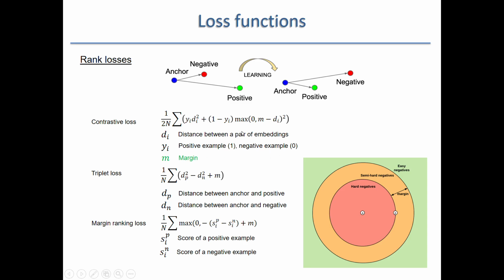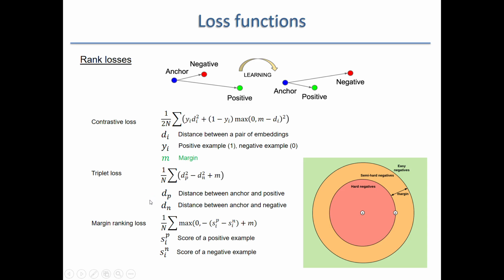If it is a positive example, you want to minimize this term, and if it is a negative example, you want to minimize this one. So if it is negative, this one is 0, this one is 1, and then if your distance is larger than m, the maximum will act, and then there will not be any penalization.